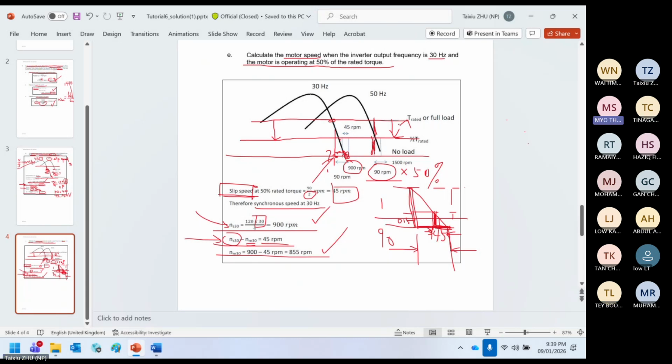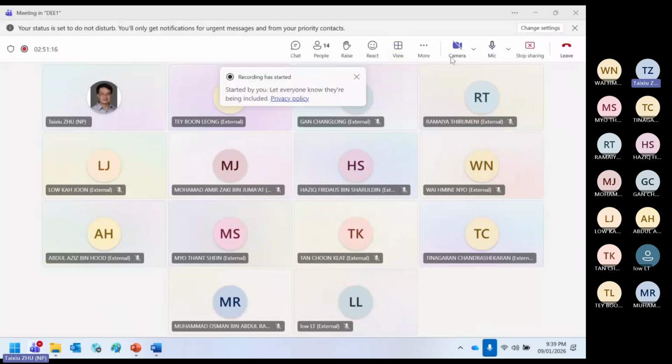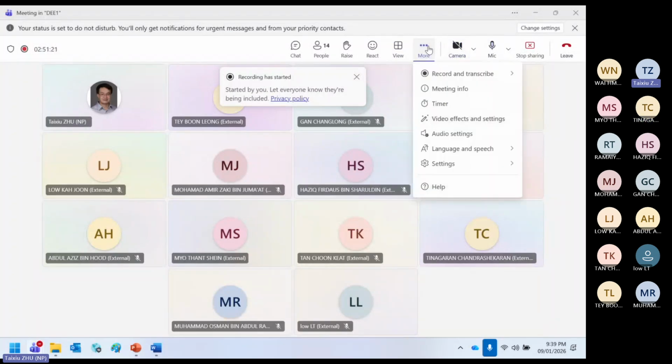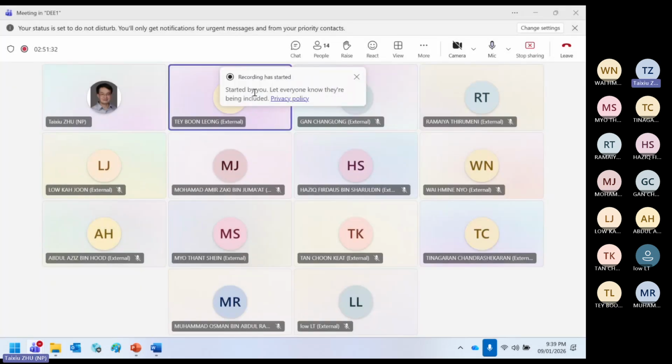No worries, if something went wrong and we didn't record properly, it's also okay. I stop recording. Stop. You see, start again. You cannot stop? Not from here. Let me take a look.